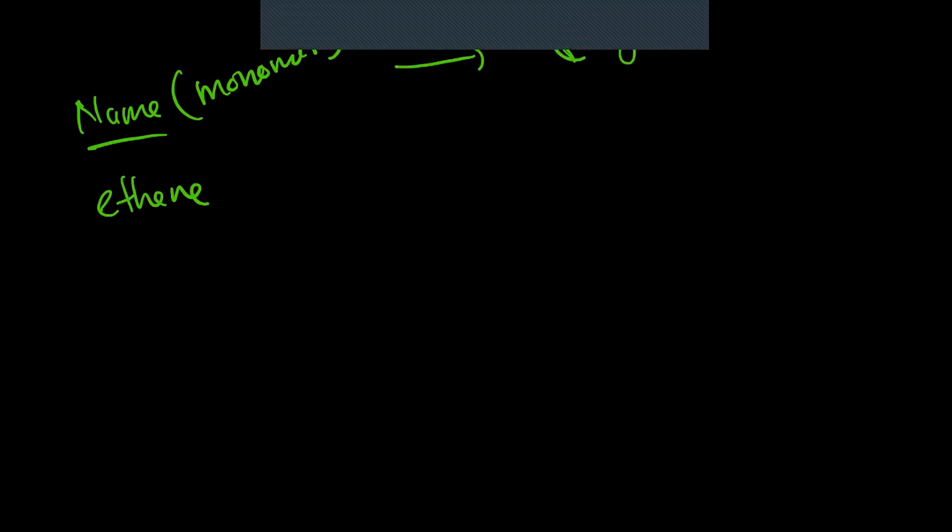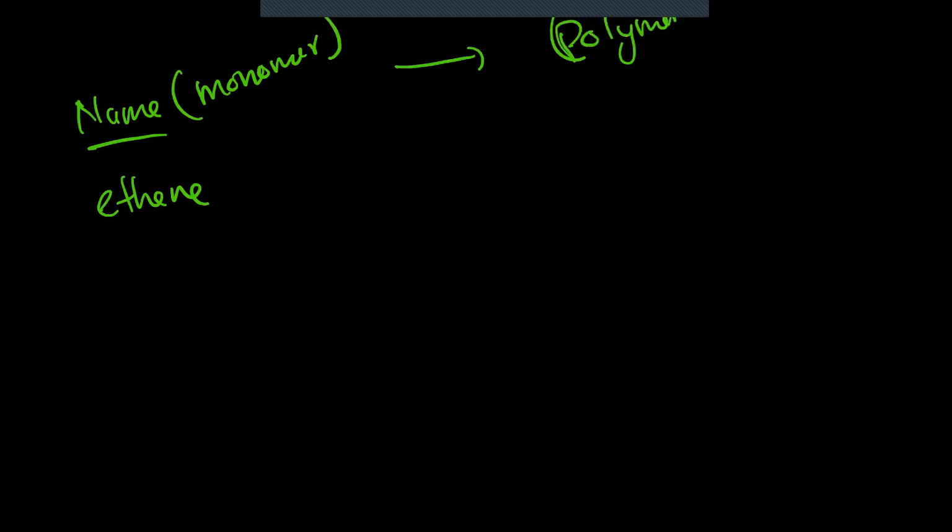If in the question the name of the monomer is given, we include poly in front of the monomer name, and then include a bracket with the monomer name. So ethene, polythene. If it is propene, polypropene. If it is butene, polybutene. It goes on in that manner.